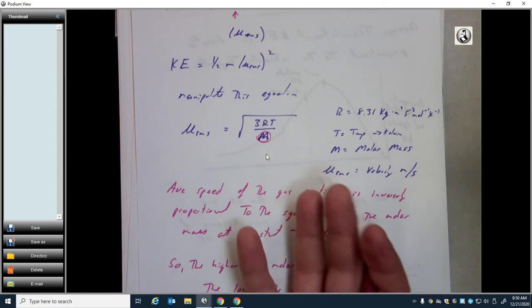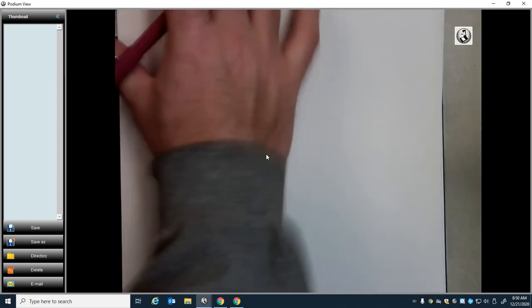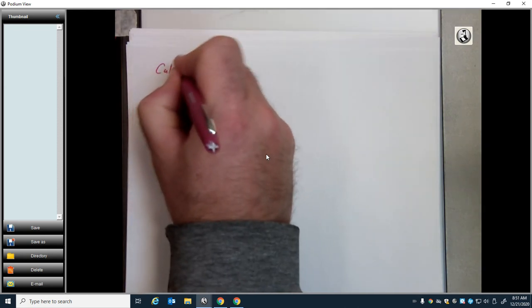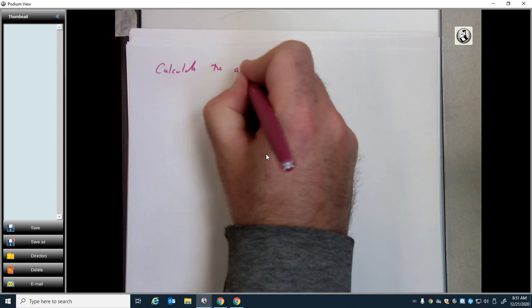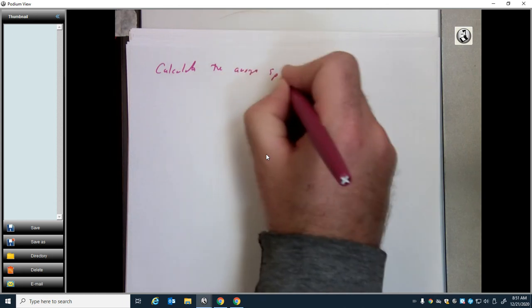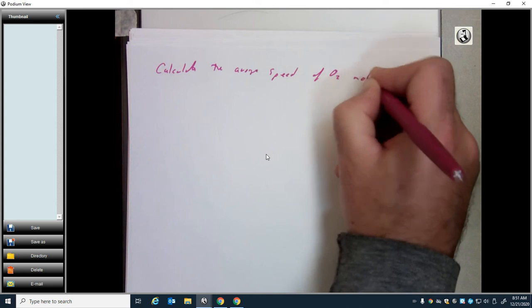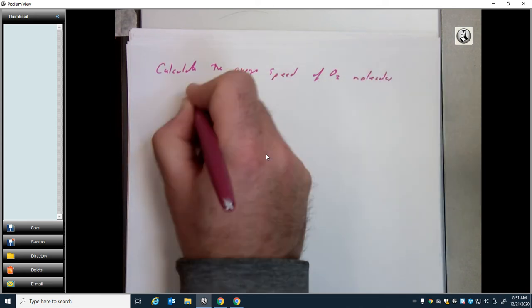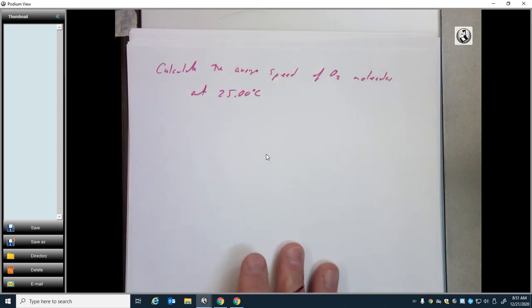So the bigger the molar mass, the slower the particles are going to move. Go ahead and try one. Try a couple of these. Let's calculate the average speed of O2 molecules at 25.00 degrees C.